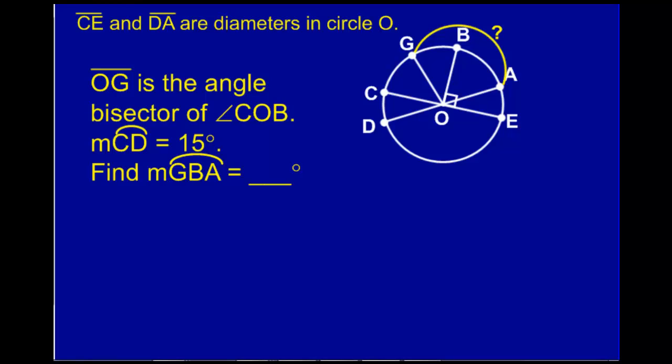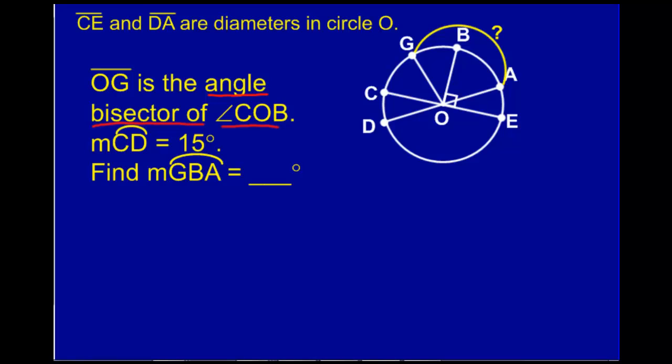CE and DA are diameters in circle O. So we've got a couple diameters. OG is the angle bisector of angle COB. Let's identify that on our diagram.